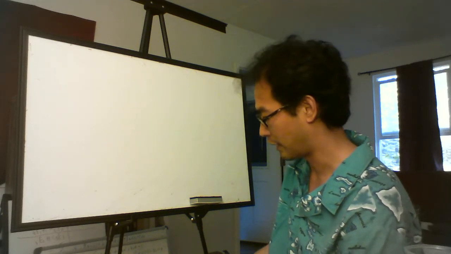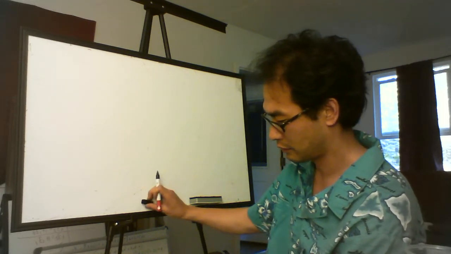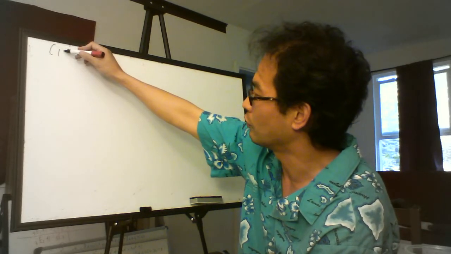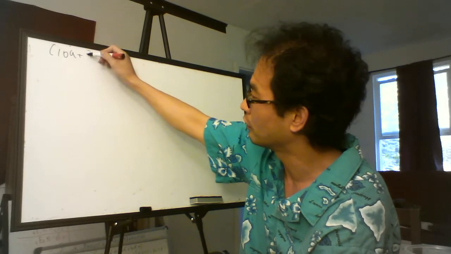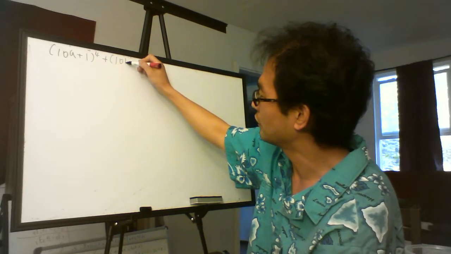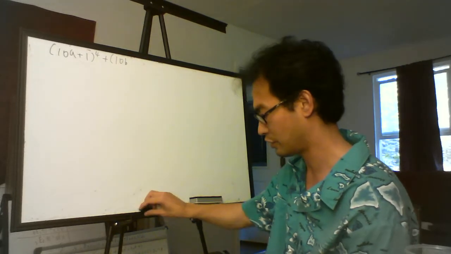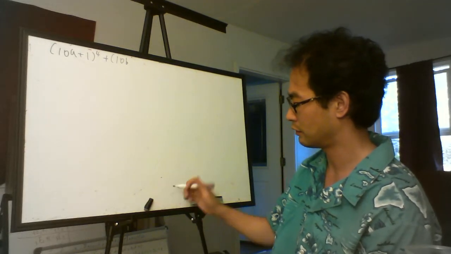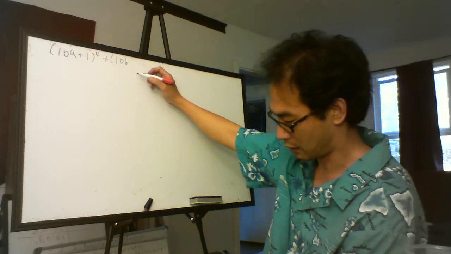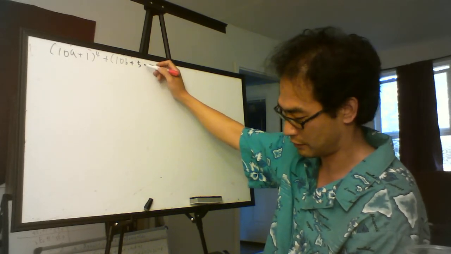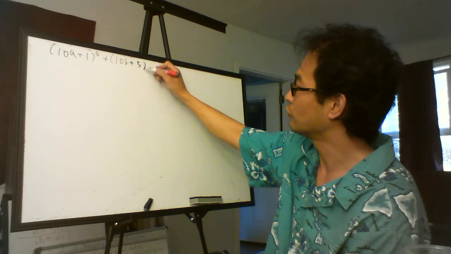We just use black. So we want to prove that it's not possible that 10a plus 1 and so forth, plus 10b. This black's bad. This black I'm sure is better. 10 plus 5, and so forth.